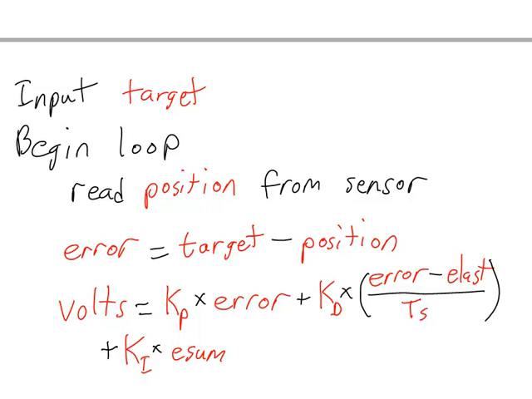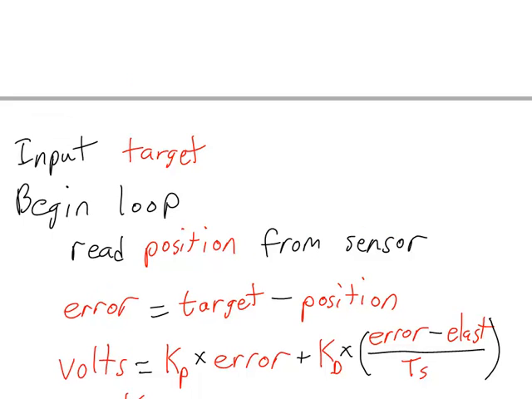So way up here, actually before we even input the target, this is where we'll set what we want Kp to be equal to. And we'll have one line for each of these. Here I'll just say that we have to set Kp, Kd, and Ki.